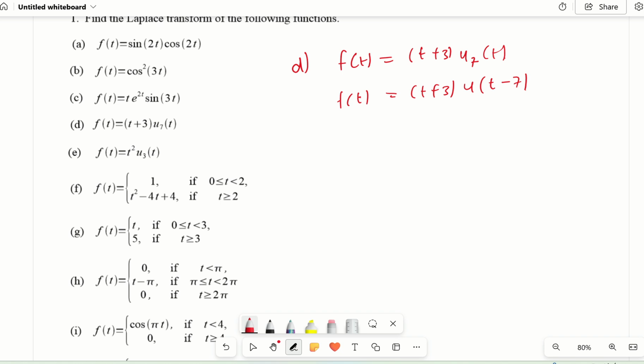And as I said in the beginning of the video, you need to put it in a way that's going to be helpful to you. So I'm going to multiply this throughout. So it's going to be t u of t minus 7 plus 3 u of t minus 7.